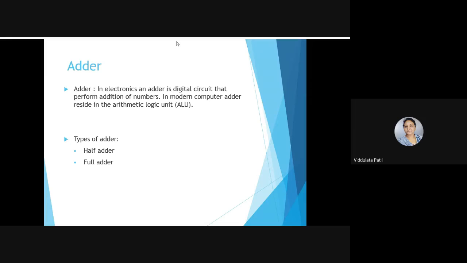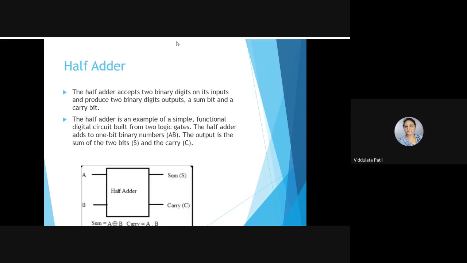There are two types of adder: one is the half adder and the other is the full adder. A half adder accepts two binary digits as input and produces two binary digits as output: one is the sum and the other is the carry. We will discuss this circuit in detail in the next lecture.